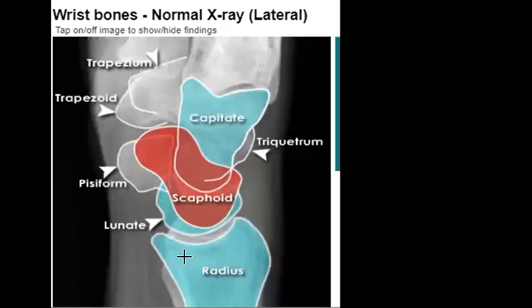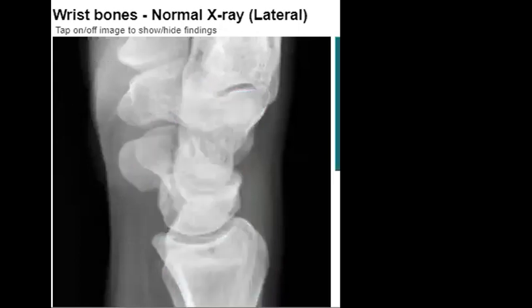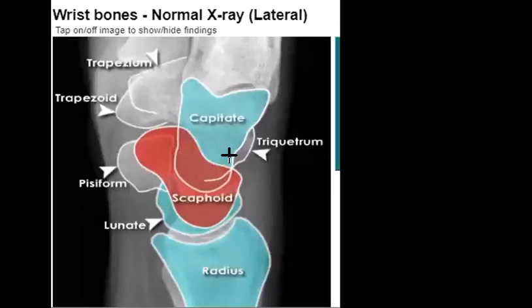And in the lateral view, the most important is the cup relationship. So this is the lunate, like a cup, and the radius, lunate, radius, and capitate. So these three bones, radius, lunate, and capitate, should be in the same line. And here you will search for the triquetral fracture.